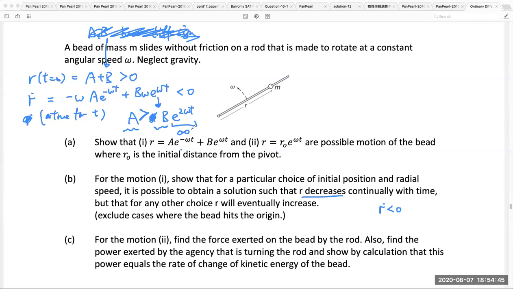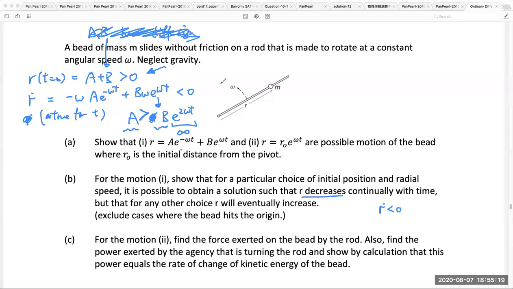So both of them can't be positive, and both of them can't be negative. Otherwise, A plus B will not be greater than 0, or will be less than 0. So that means B should be negative.